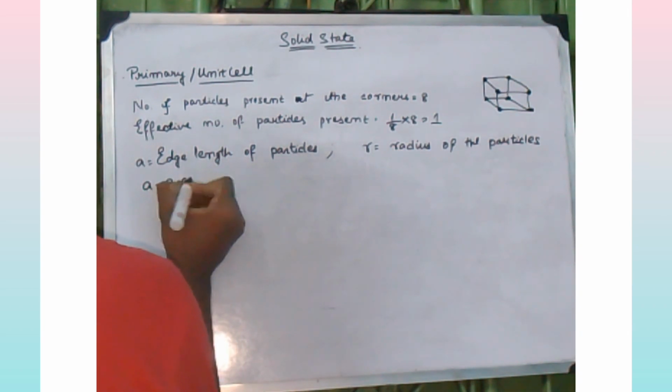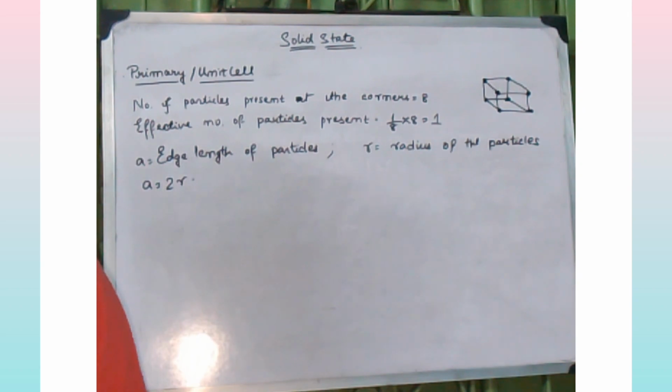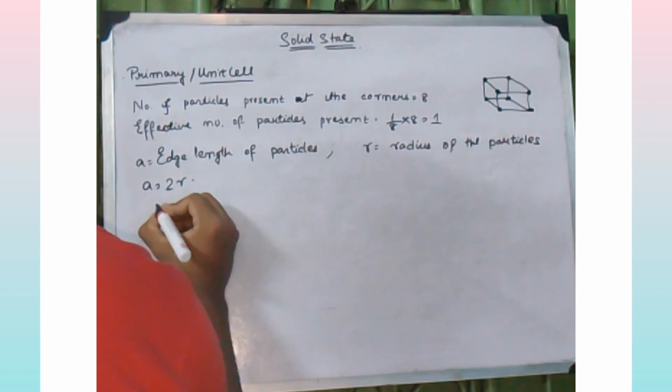Let us consider a equals 2r, 2 times the length of r.